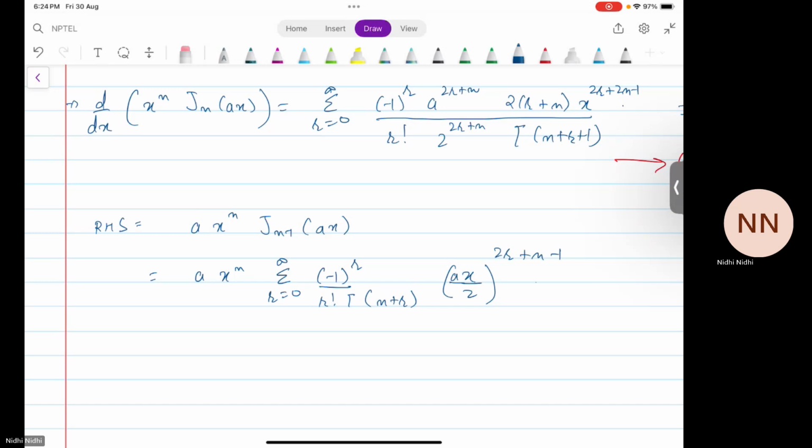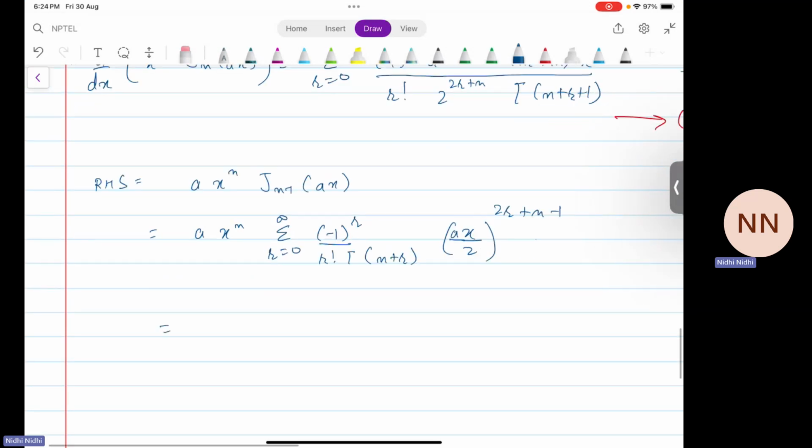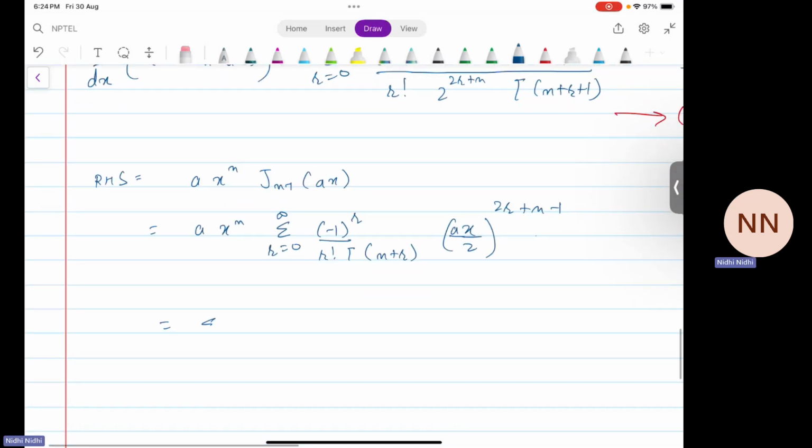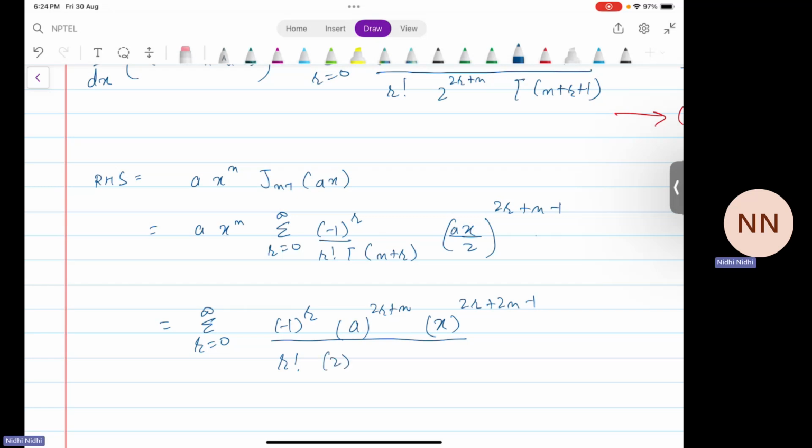Yes. So let's combine all the terms involving a and x. We'll get summation r from 0 to infinity, minus 1 to the power r, a to the power 2r plus n, then we have x to the power 2r plus 2n minus 1 by r factorial 2 to the power 2r plus n minus 1.